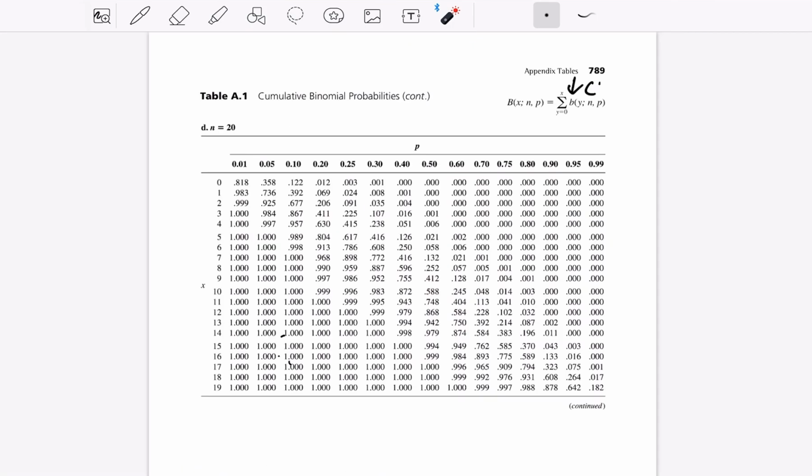So where do we see 0.9? It starts here from x is equal to 4. So we start at x is equal to 4, because after that it's greater or equal to 0.9.